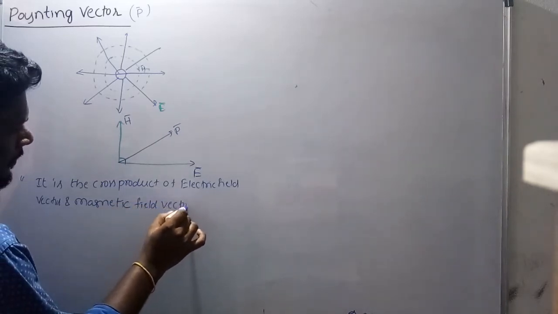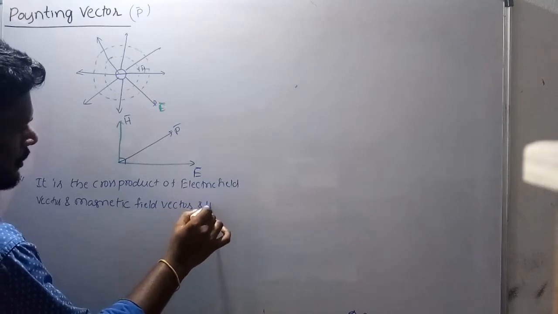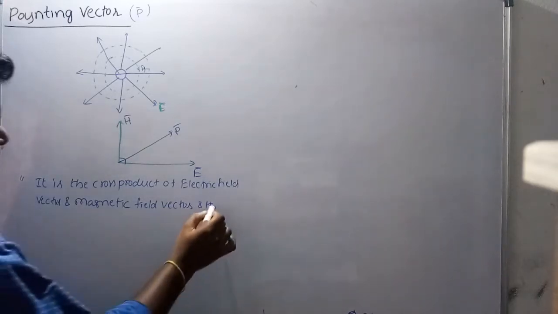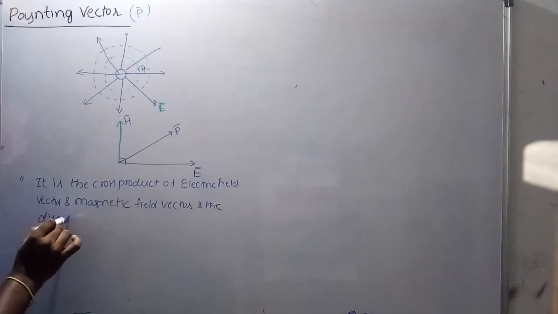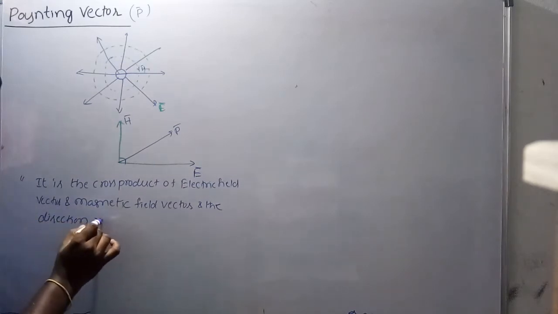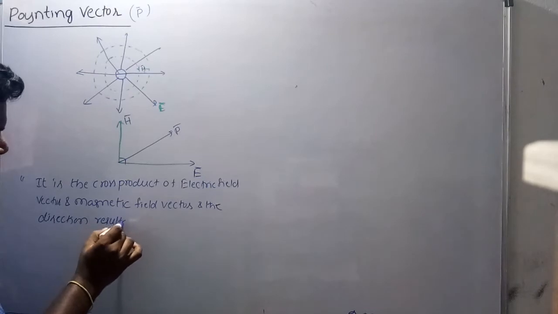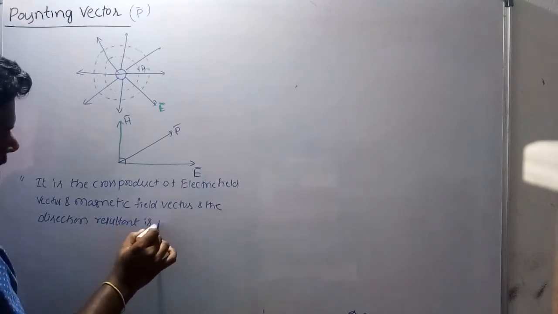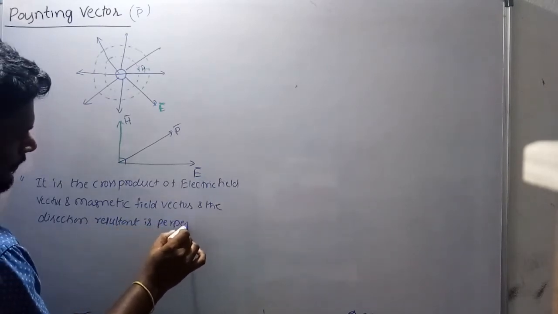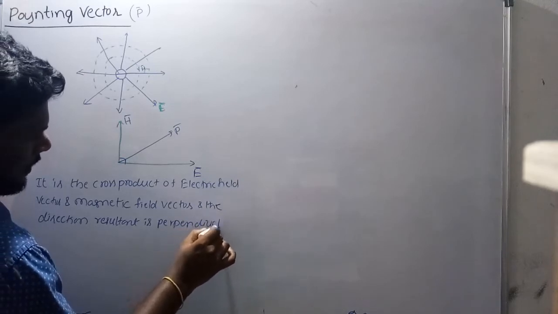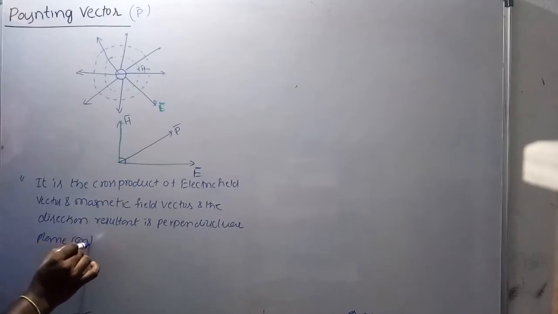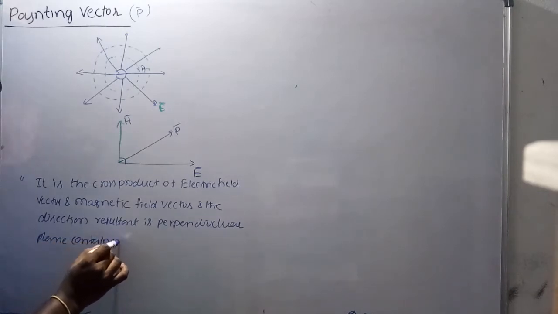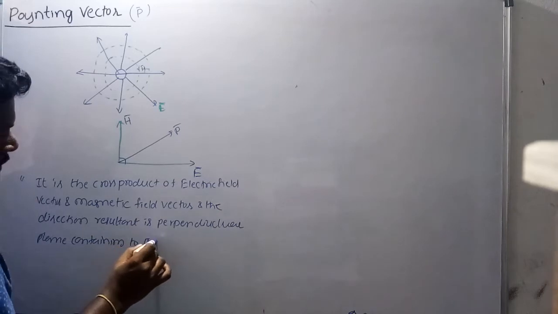The direction of the resultant is perpendicular to the plane containing the two vectors.